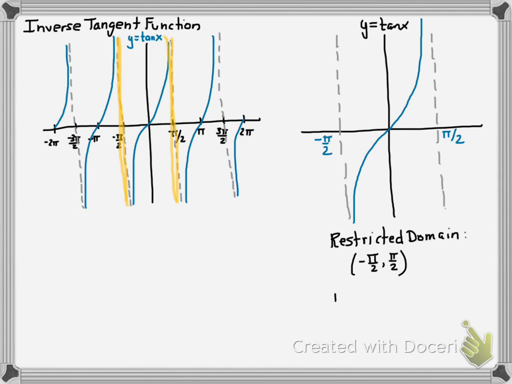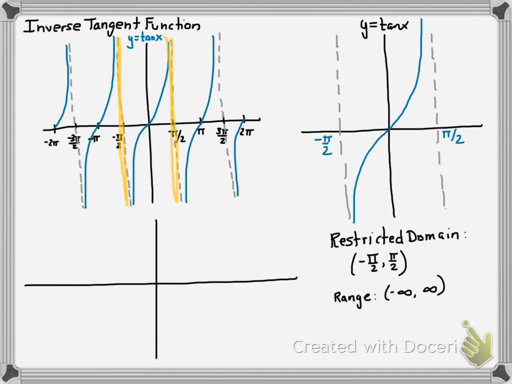And notice that I have round parentheses now instead of square parentheses because we are only talking about the values between negative pi over 2 and positive pi over 2. Tangent is not defined at the asymptotes. So our restricted domain is the same as for the sine function, but not including the endpoints. And our range is negative infinity to positive infinity.